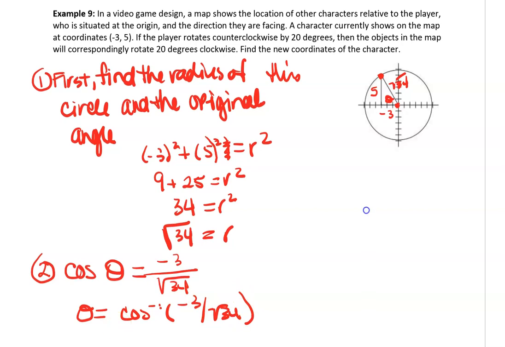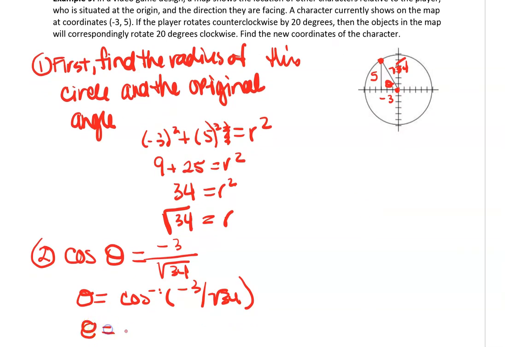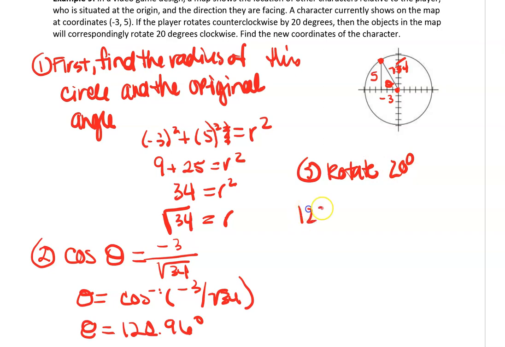Typing that in my calculator, I get theta to be equal to 120.96 degrees. So now we are going to rotate 20 degrees clockwise. And so I will take 120.96 minus that 20 degrees, so I'm at 100.96.